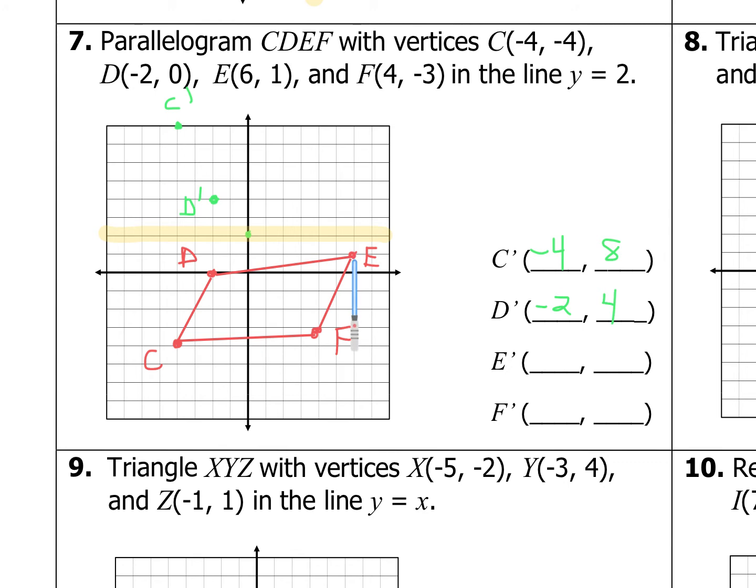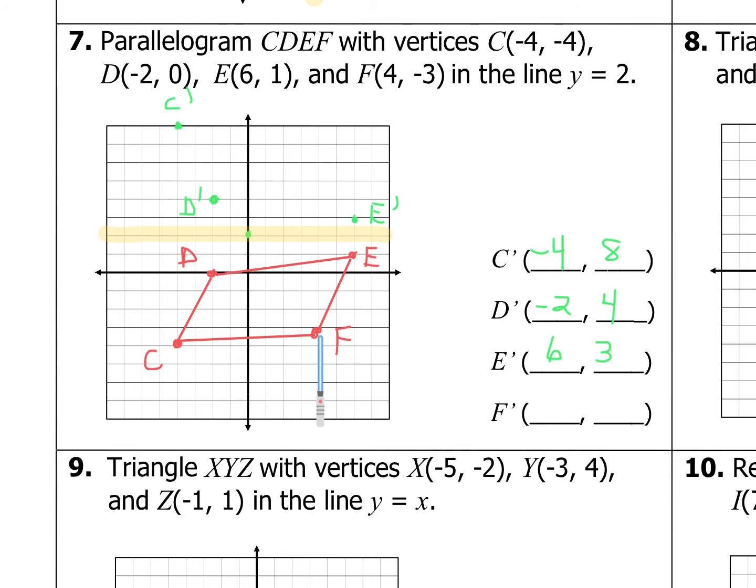And then our E is 1 unit away, so we want to be 1 unit away. So that puts us right here at E prime. And to identify that ordered pair, we're going to go to the right 2, 4, 6, and up 3. So positive 6, positive 3 for E prime.